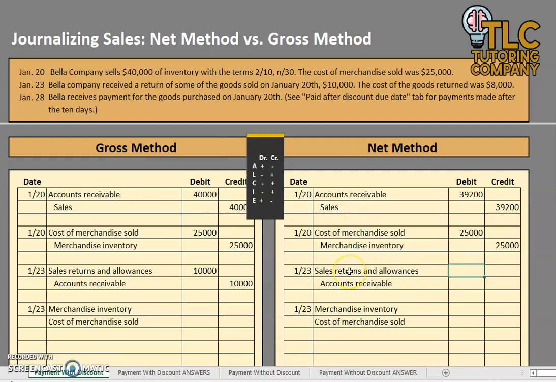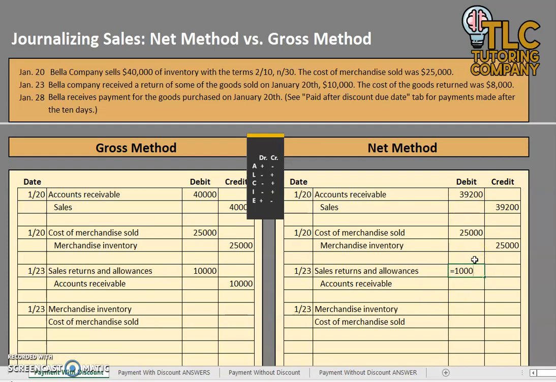However, when we get over to our sales returns and allowances here, we have a little bit of a difference. The sales returns and allowances here is going to be adjusted by the discount. Why? Because we're not going to be giving the buyer credit for amounts that were not charged to their accounts receivable. So if the initial sale was recorded at net, we're going to have to net the return as well.